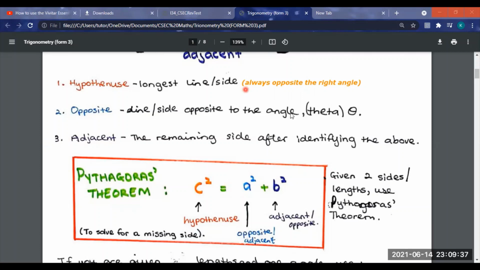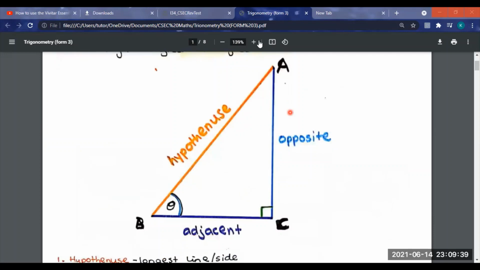Now going back up here, I did not label the diagrams. If this is capital A, capital B, and capital C, the side that's opposite the letter goes in small letters. So the hypotenuse here is small c. The side opposite capital A would be small a, and the side opposite capital B would be small b.